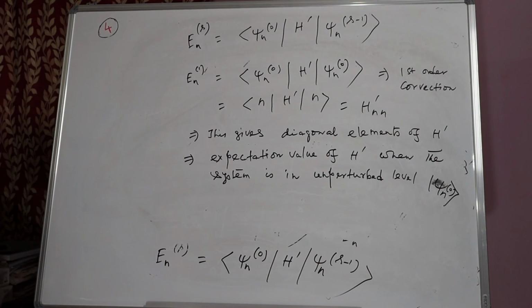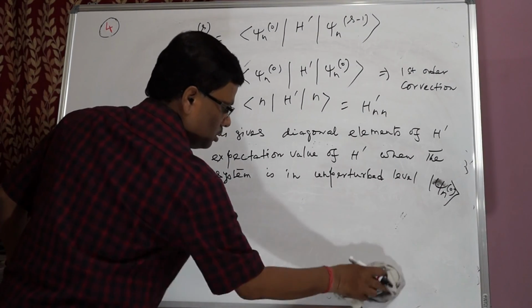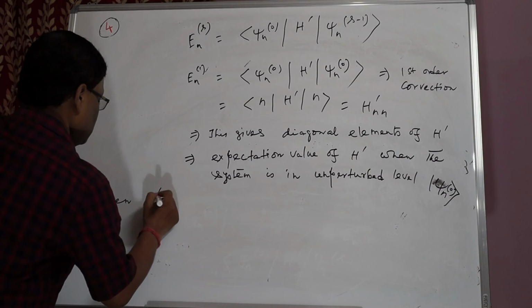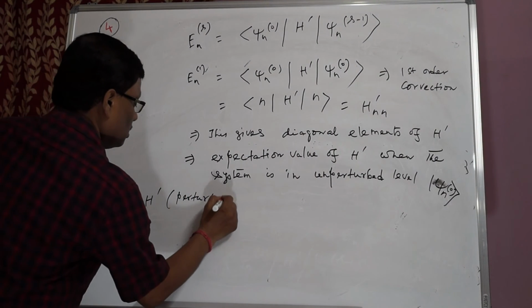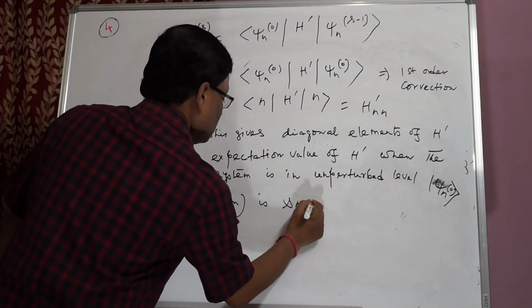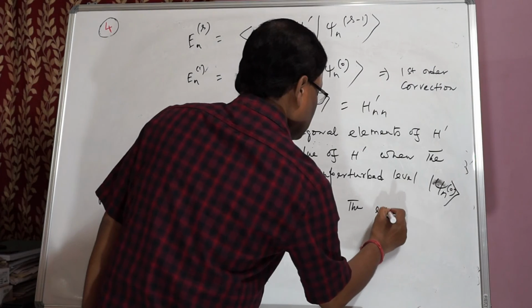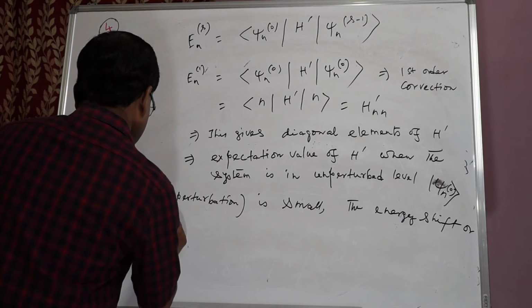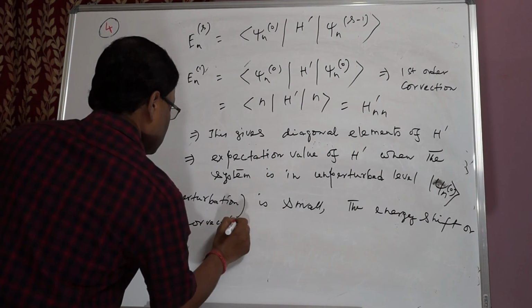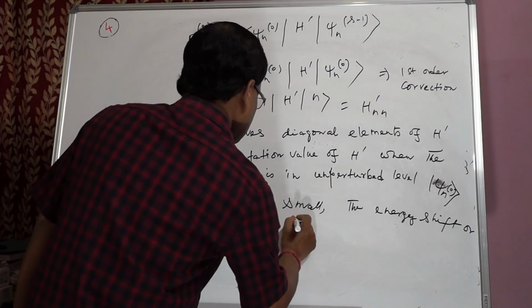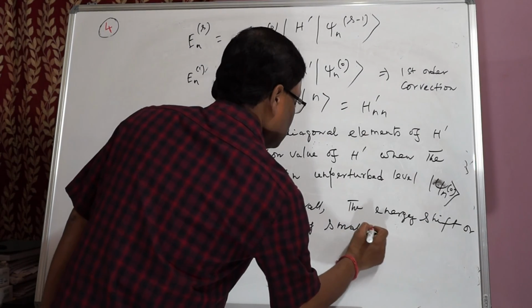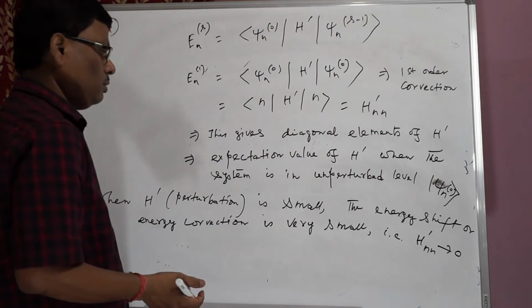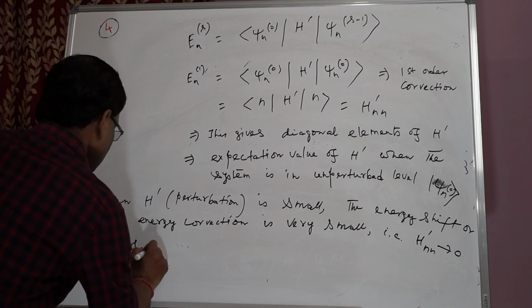So when the perturbation H prime is small, the energy shift or energy correction is very small, that is, H prime nn tends to 0.